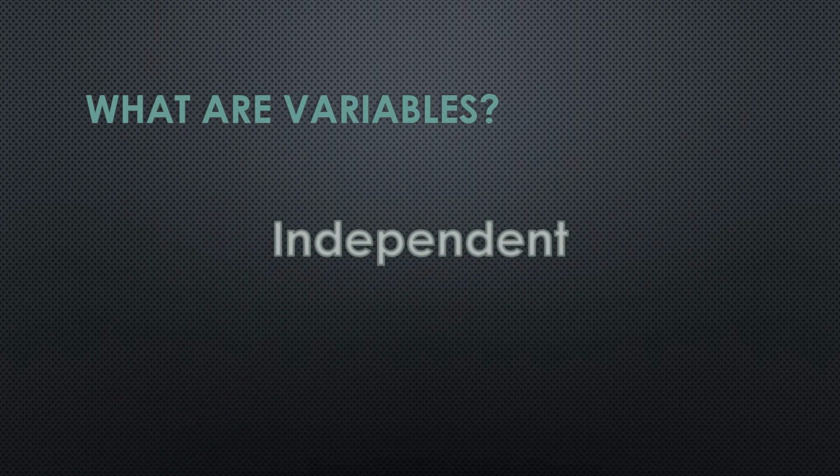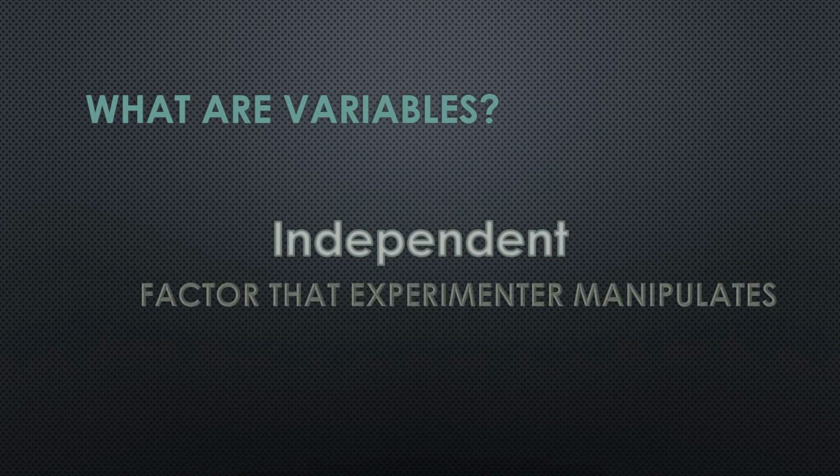First, independent variable. It is also called the manipulated or experimental variable, the factor that the experimenter manipulates or changes, or the condition which is varied or changed. How many manipulated variables are there in an experiment?